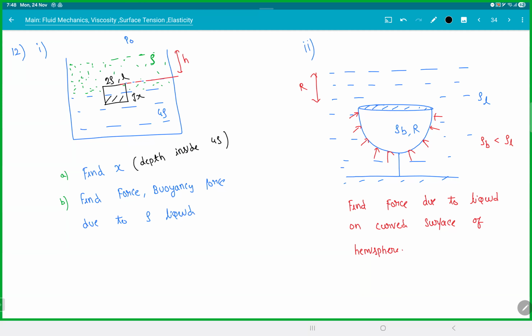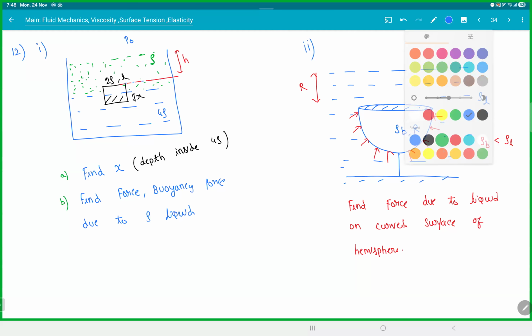I hope you guys remember this statement. Buoyant force due to liquid and force due to liquid are completely two different things. They're not the same. Force due to a liquid is something else. Buoyant force due to liquid is something else. And second one, find the force due to the liquid on the curved surface of the hemisphere. Let's get the first one though.